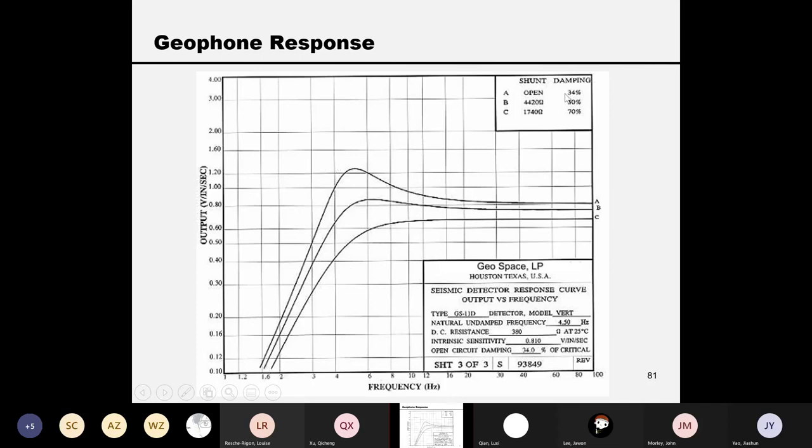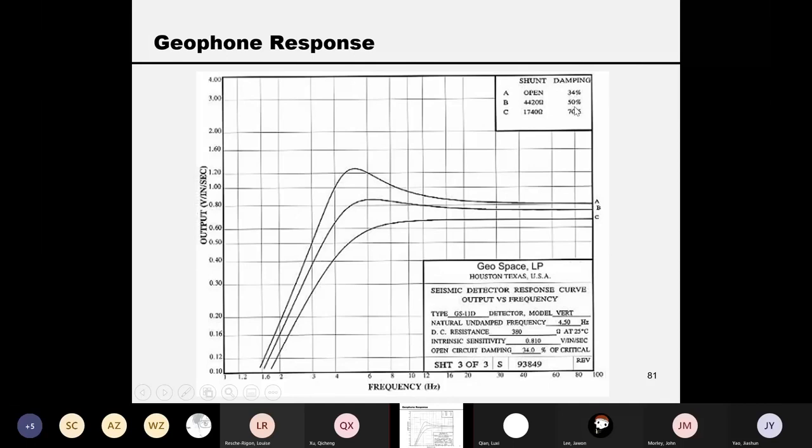So the damping, ideally, you have a flat top response, right? And to achieve that, you need a bigger damping in the front, okay? So here they have three examples.